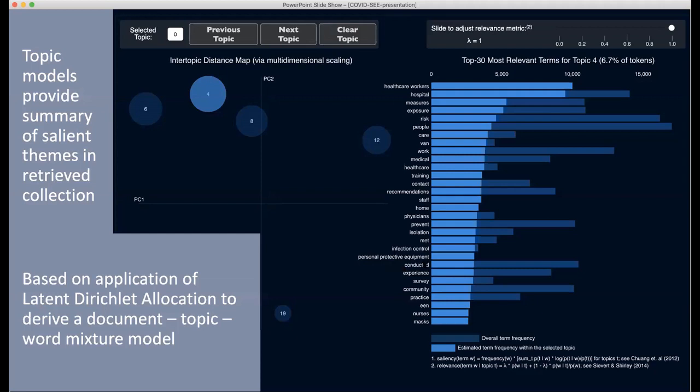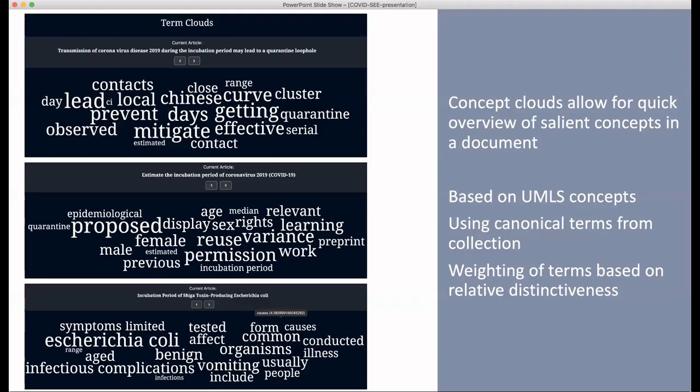And we are doing this over concept space, not over word space. So you can see here like personal protective equipment or infection control. These are terms that are not just words. So we're building on the concept annotation. Finally, we have concept clouds that we build based on saliency or relative frequency of terms across that concept space again, one for each document.